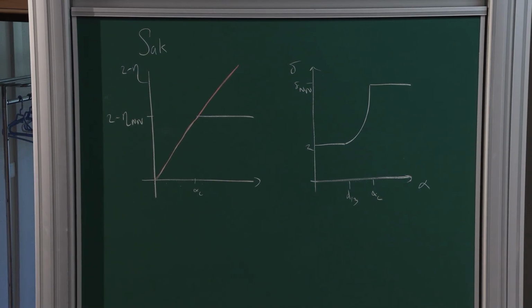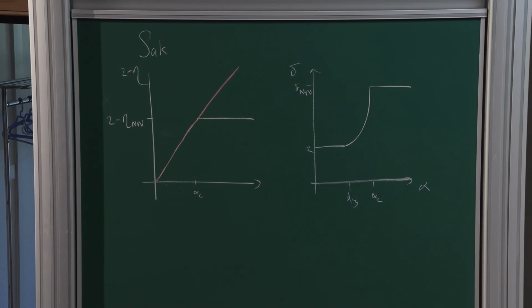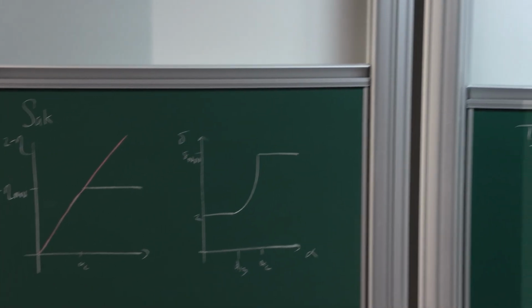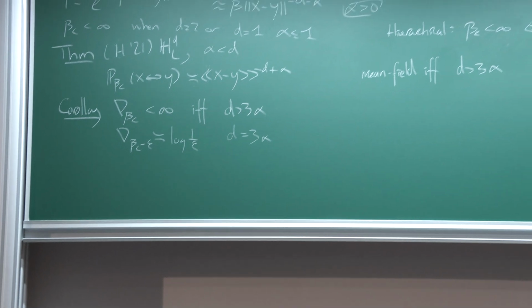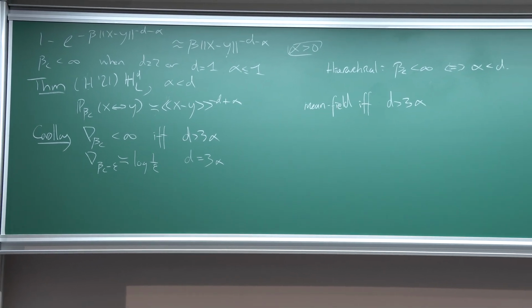Now, one interesting thing about this theorem is the proof. It doesn't use the theorem from the hierarchical case, but it uses very strongly hierarchical methods. So we'll see that basically the way you prove this is by a kind of comparison to the hierarchical model.